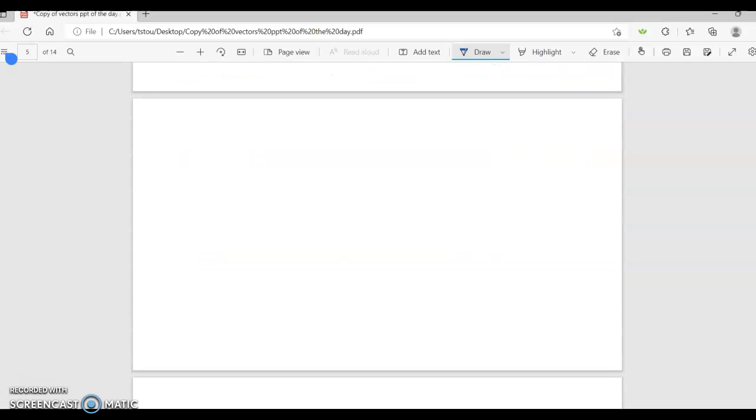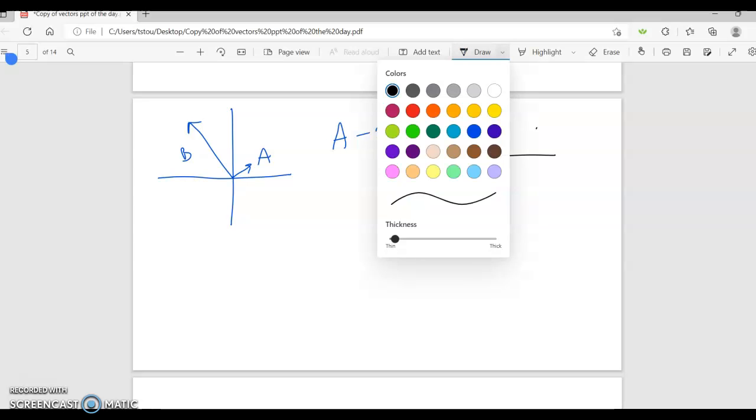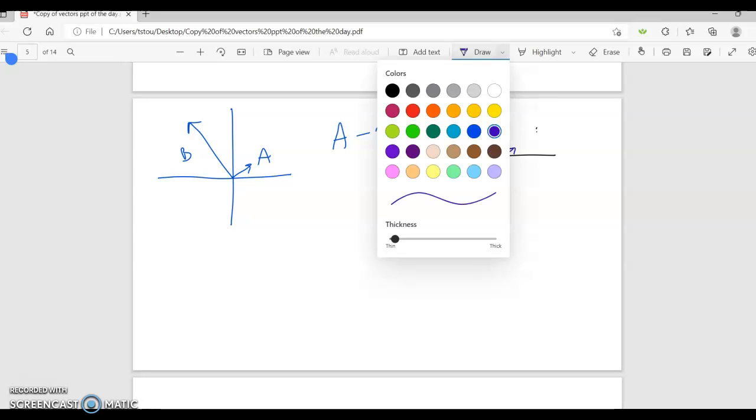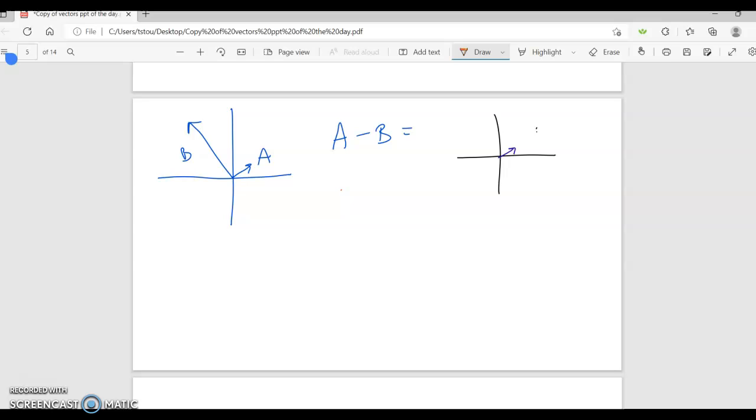You can do A minus B kind of situations. So let's say we've got something like A again, and B here. So then my question would be, what is A minus B? Well, when I'm looking at A minus B, I'm again going to put in A. Here's my A. And then when I'm thinking about B, A minus B is just B flipped over like a mirror.